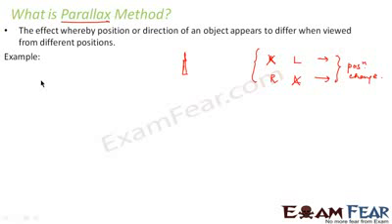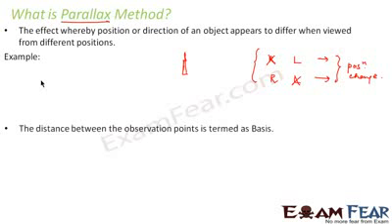So the distance between these two different observation points is known as the basis. And this phenomenon is known as parallax.